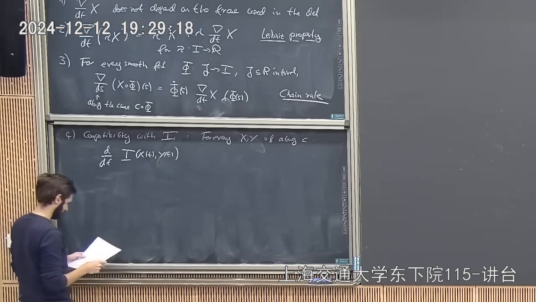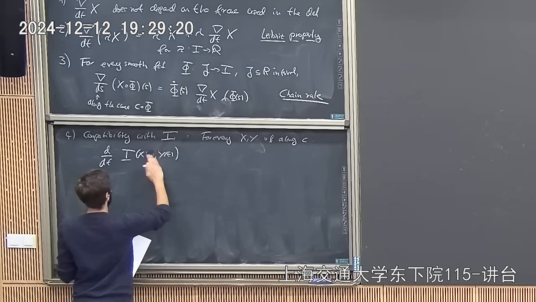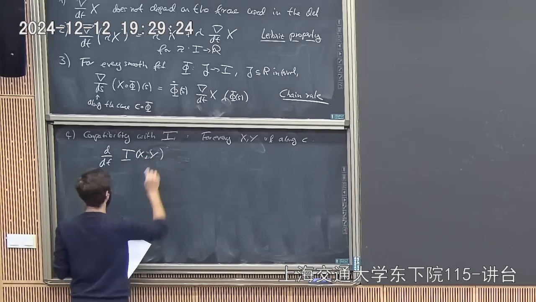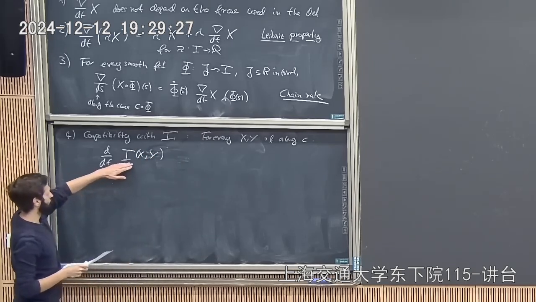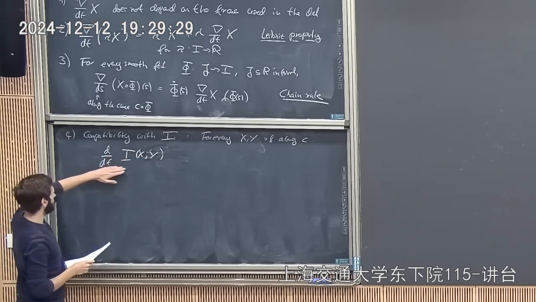So you have X and you have Y. You plug them in the first fundamental form. You get a function that depends on t.